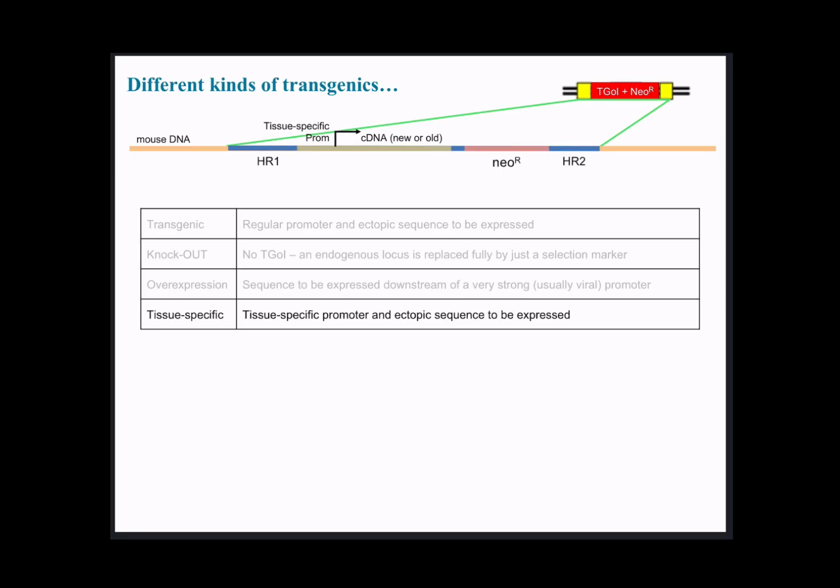Sometimes you may want to express a gene, again, new or old, in a place where it normally isn't. You may want to drive some ectopic expression of a gene. So the difference here is your cDNA to be expressed is again the same as before. It may exist in the mouse already or not, and the difference in these animals is that you're using a tissue-specific promoter.